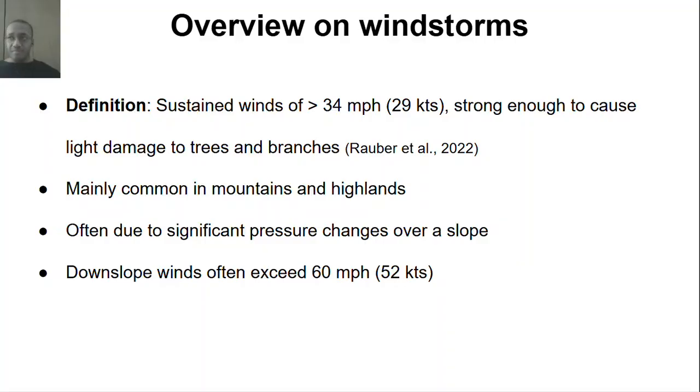And so with bigger pressure differences, you're able to get stronger winds because of those great fluctuations. But often windstorms are notable for being exceptionally strong, as a typical downslope windstorm can bring winds of over 60 miles per hour, which is exceptionally strong.